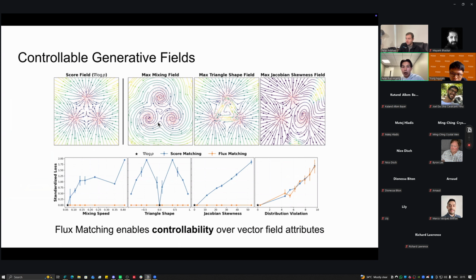And then we calculate the flux matching loss along a discretization of this vector field. So we're not actually doing any optimization here. We're just looking at what the flux matching loss is at different points along this vector field with a predefined attribute on this vector field.